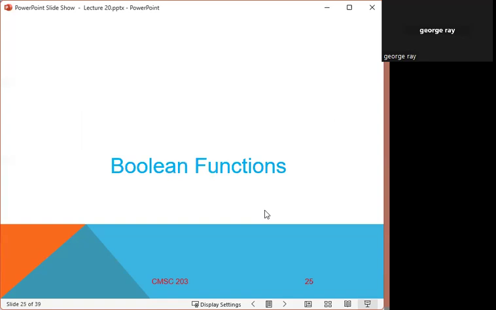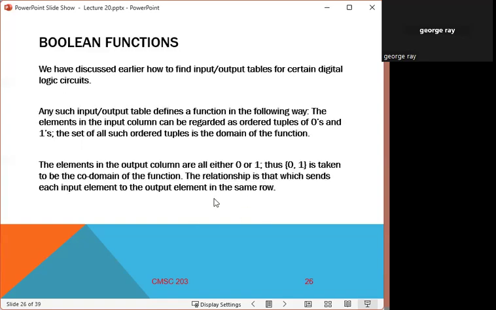And okay, let's talk about Boolean functions. So we used input-output tables and truth tables for digital logic circuits. The input-output table defines a function in that the elements in the input columns can be regarded as ordered tuples of zeros and ones.